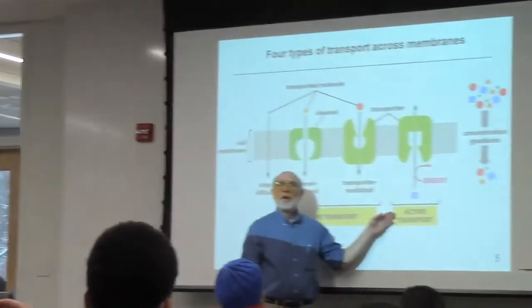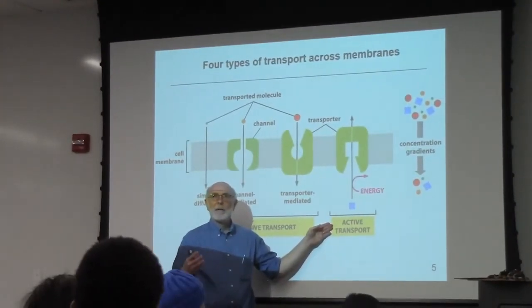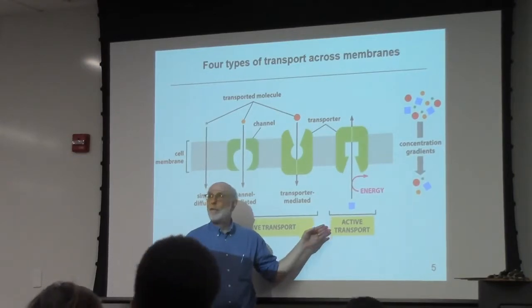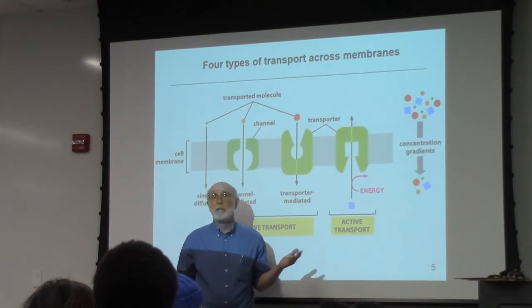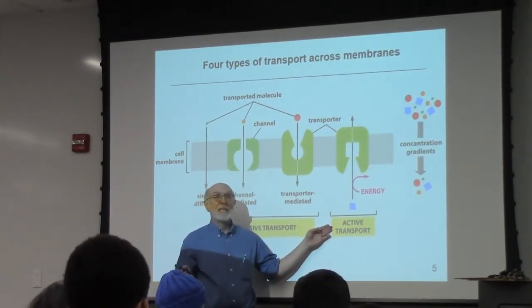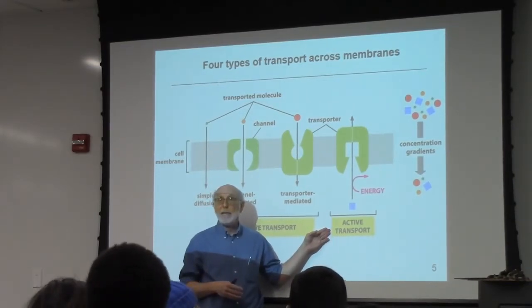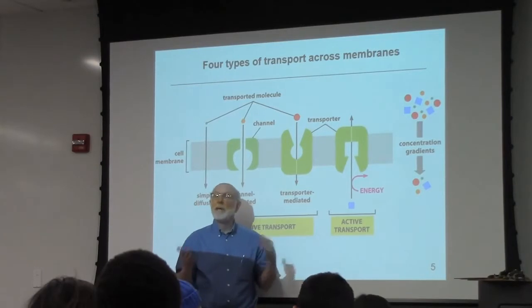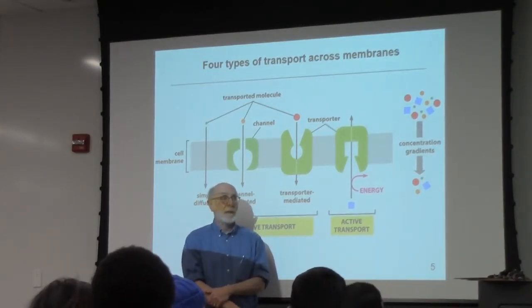You'll remember that there are active transport proteins that convert the energy from something else into an ion gradient. So remember the sodium-potassium ATPase that converts the energy from ATP into sodium and potassium gradients.